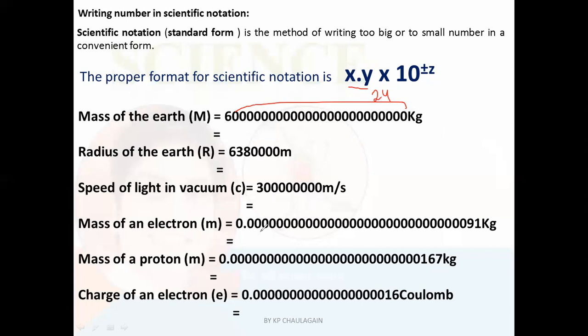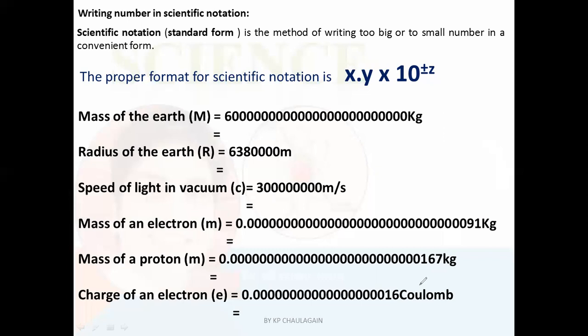Another example is the mass of an electron, which is 0.(30 zeros)91. This is a very small number. How do we write these numbers in scientific notation, standard notation? We have to follow some steps.